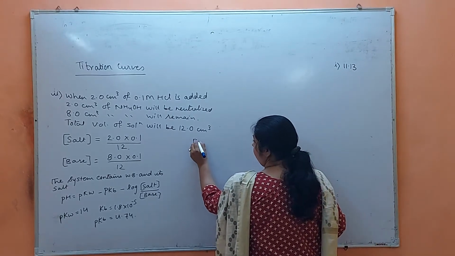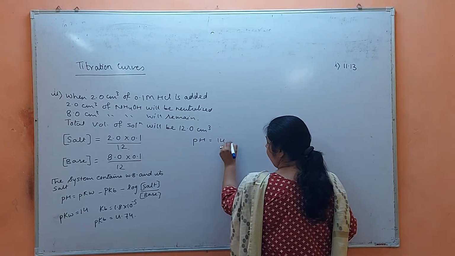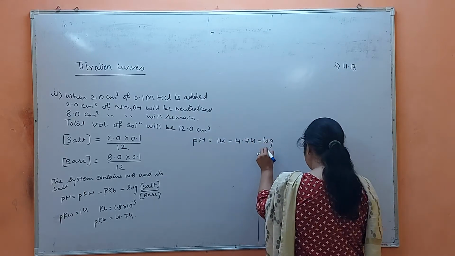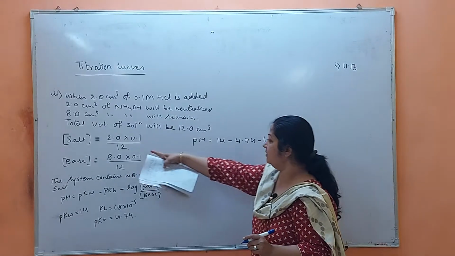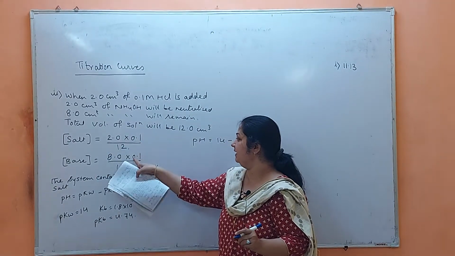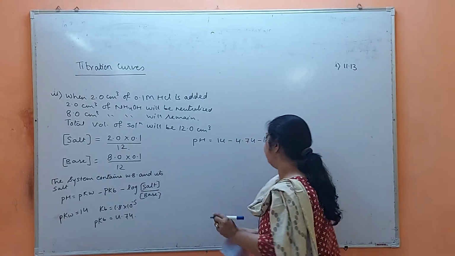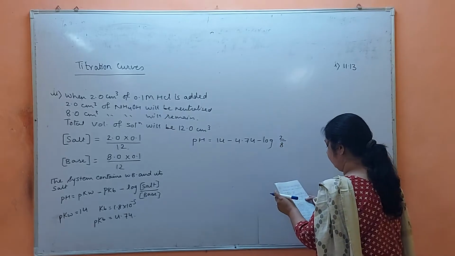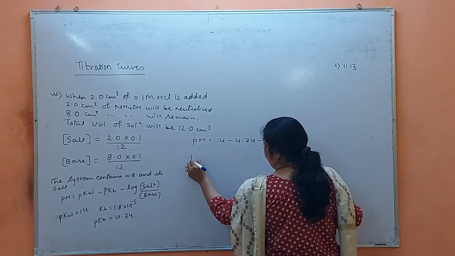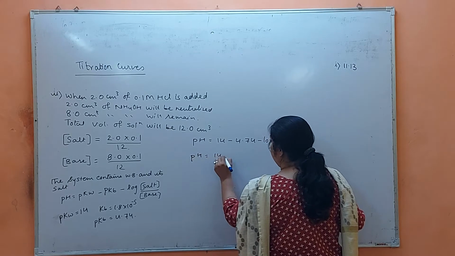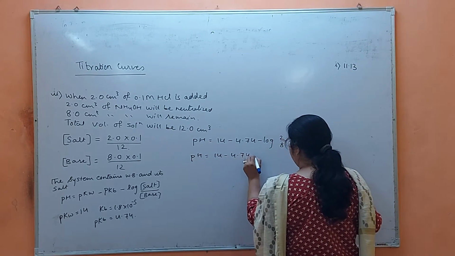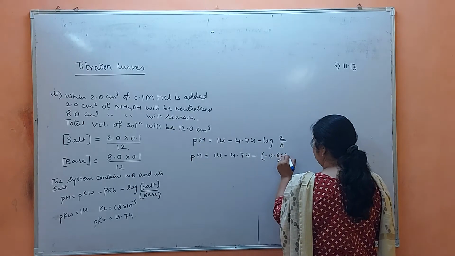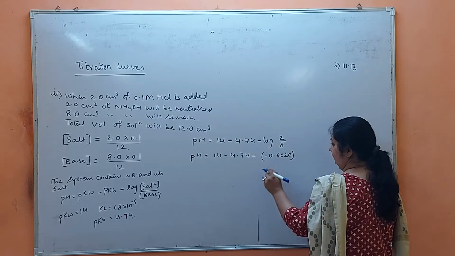So pH is equal to pKw, which is 14, pKb is 4.74, minus log salt by base. Now see, if we do salt by base, this will get cancelled, this will get cancelled. So 2 by 8. Log of 2 by 8 we will get here. Alright. So see, pH is equal to 14 minus 4.74 minus of minus 0.6020, because it will be 1 by 4.